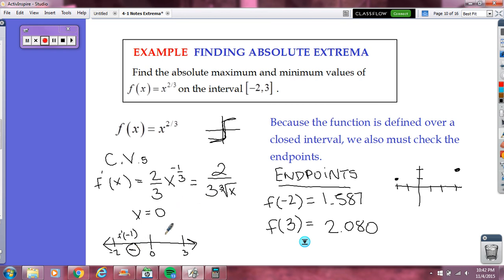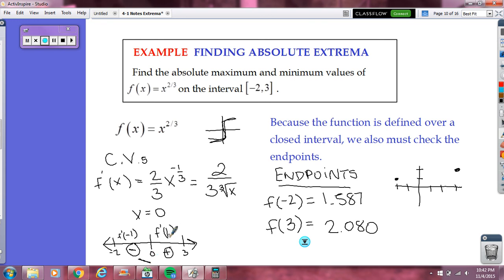If I take positive 1 and plug it into my derivative, 1 raised to anything is 1, times 2/3 is just 2/3, so a positive number. What I'm determining by plugging into my derivative is that on the left side of 0, my function has a negative slope, or my function's going down.